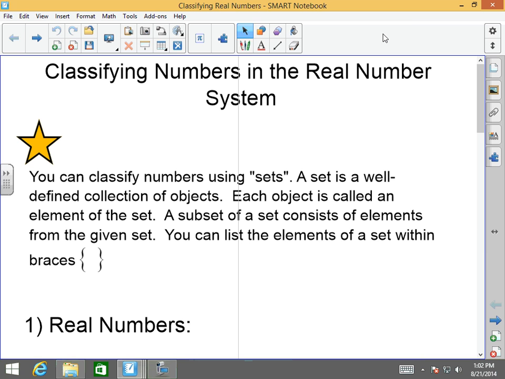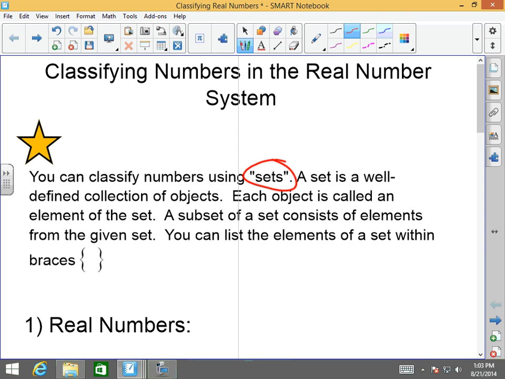Now, you can classify numbers using what's called sets. Okay? Sets. A set is a well-defined collection of objects. So you can have, for example, in your drawer, you may have 5 different types of team shirts.